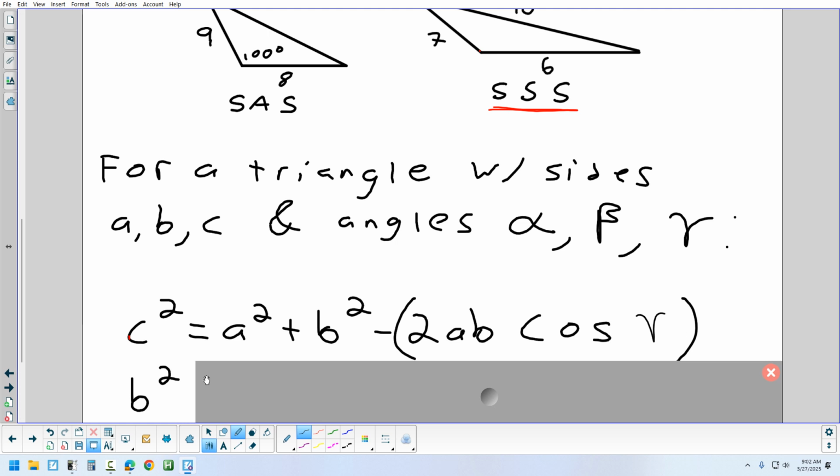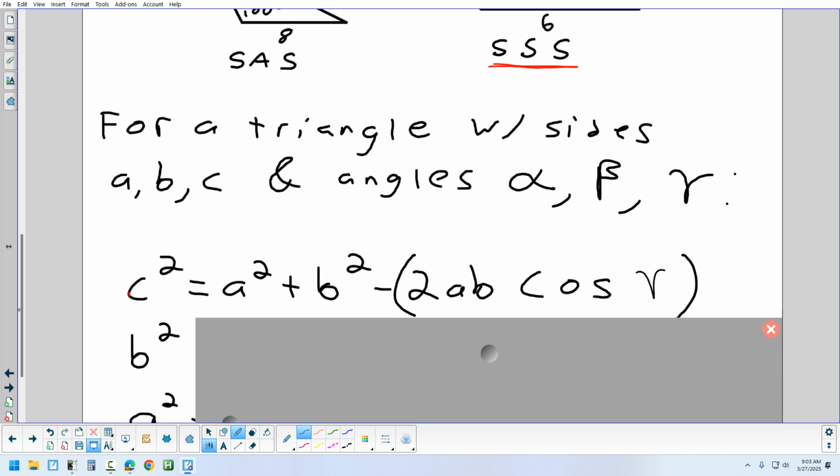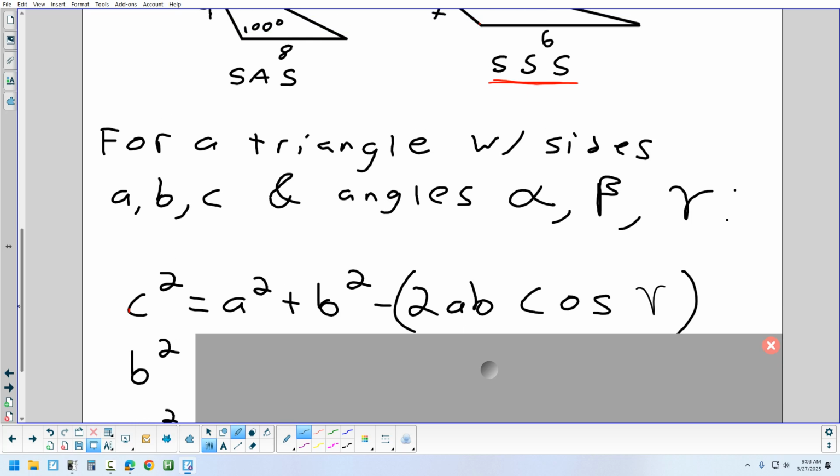Because you could write A, B, and C for the sides. You could use X, Y, and Z, P, Q, R. It doesn't matter what you use as labels, but it's the pattern of them. So the general pattern is one side squared equals the sum of the other two squared minus twice the other two, cosine of the angle across from what you started with.